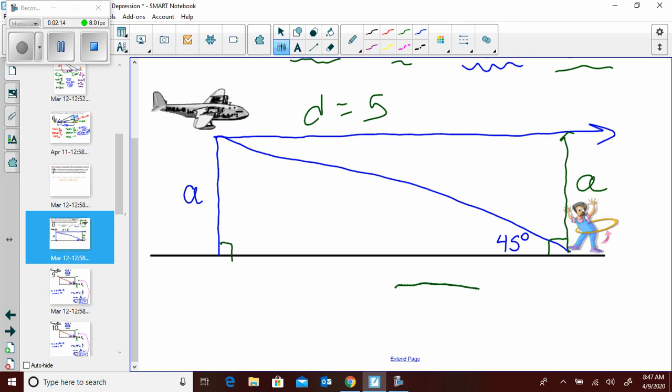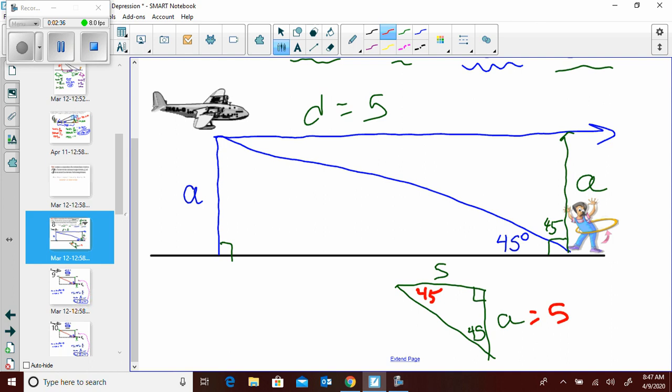If I look at it this way, A, 5, 45. Just think that's also 45. Now, you may realize that this is just a 45, 45, 90 triangle. Therefore, A is 5, because it's isosceles.